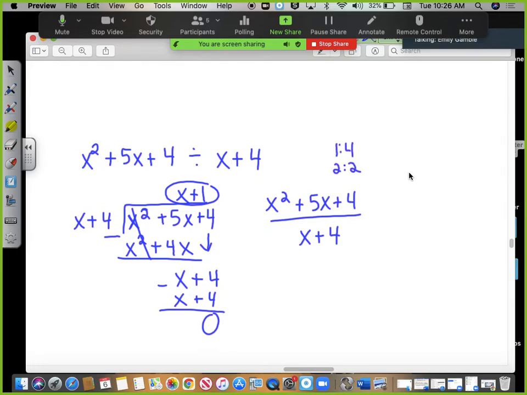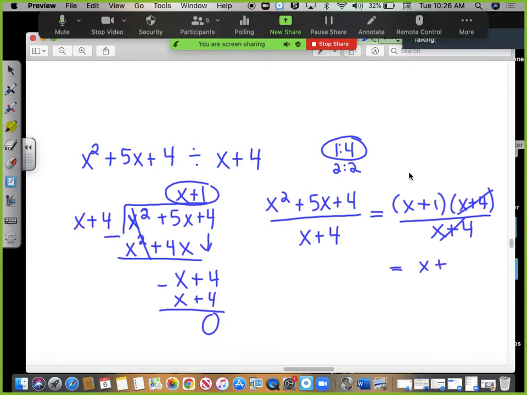Which pair of factors add to be 5? Yep, 1 and 4. That means I can factor the numerator as x plus 1 times x plus 4. The denominator cannot be factored. It remains x plus 4. I can cancel out this x plus 4 with this x plus 4 because they're the same. And I'm left with only x plus 1 as my answer.